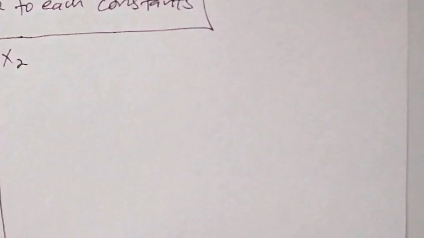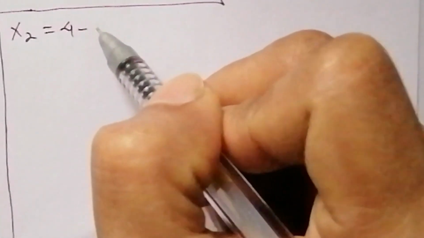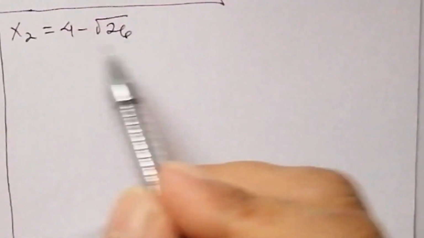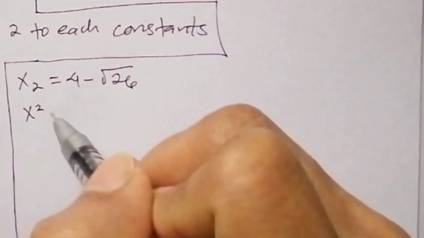the given equation. Now, let's evaluate the x sub 2, which is 4 minus square root of 26. Using the original equation, go ahead and plug in the value of x sub 2 is equal to 4 minus square root of 26.